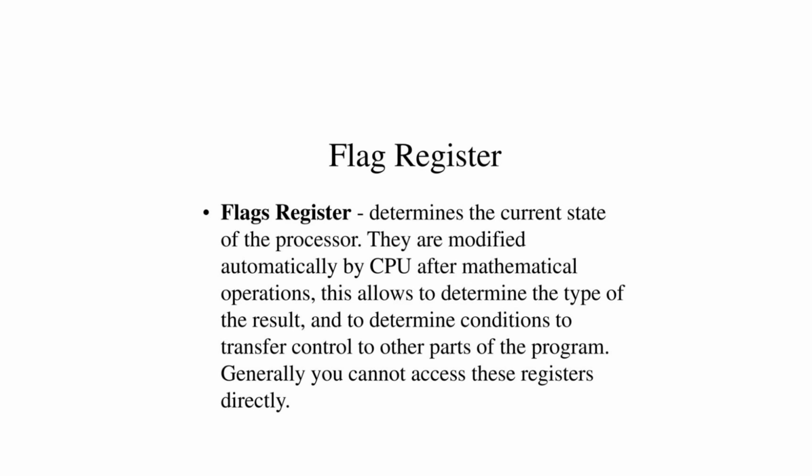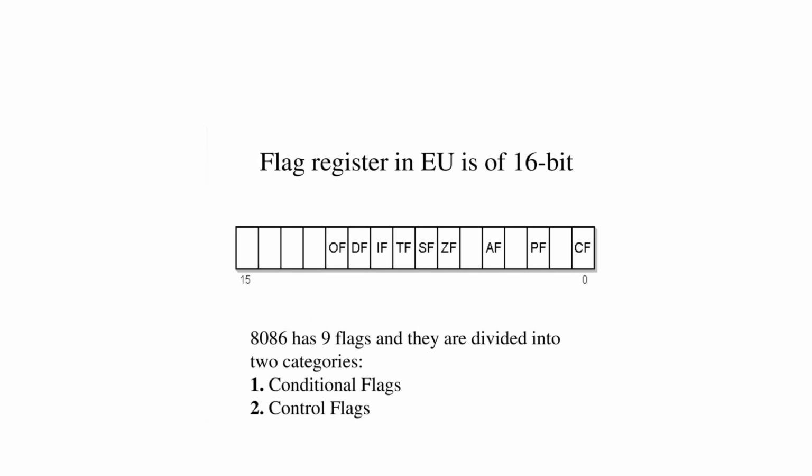Flag registers. Already we know 5 flags are there in 8085: sign flag, carry flag, auxiliary carry flag, parity flag, zero flag. Similarly, those flags are also available in 8086 as well.